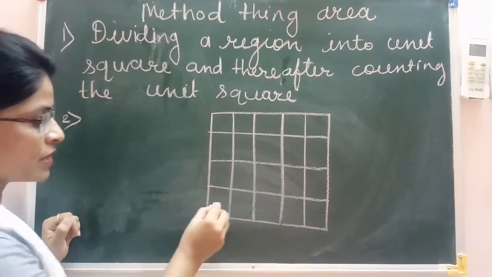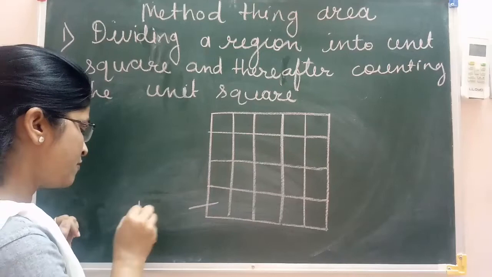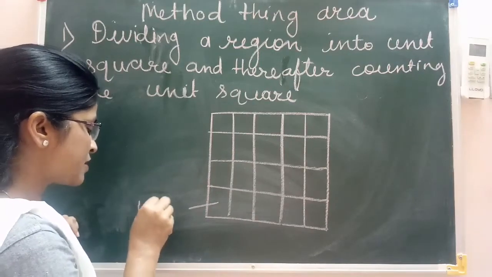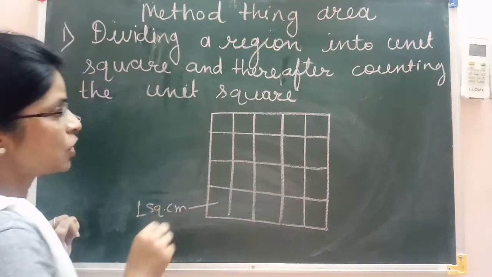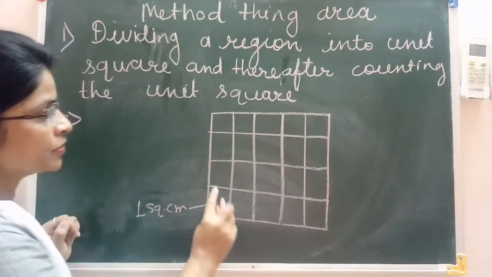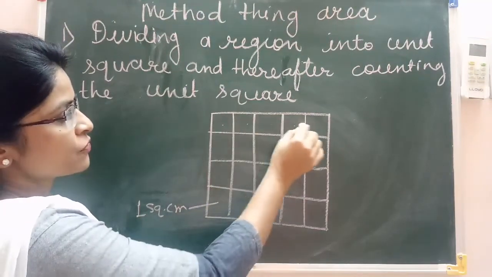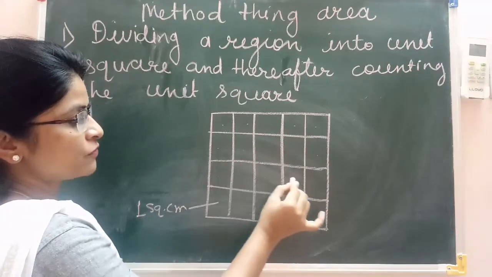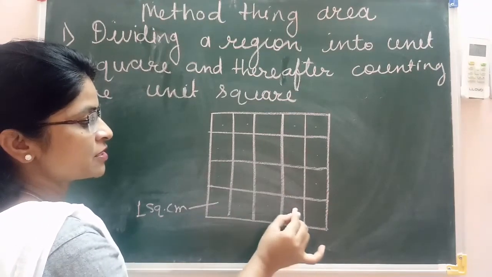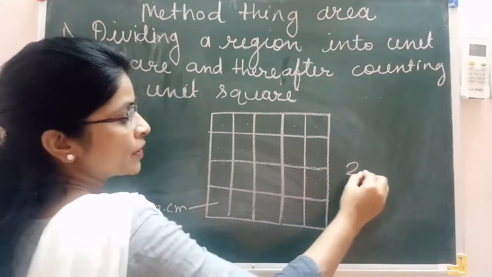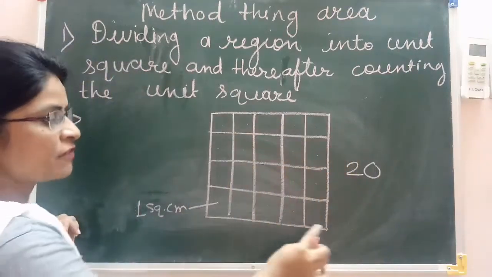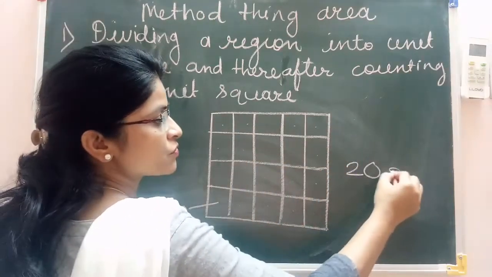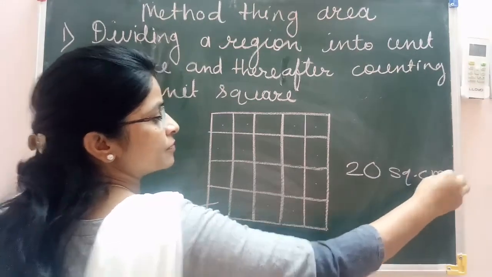Now here one square is 1 square centimeter. Now you have to count all the squares: 1, 2, 3, 4, 5, 6, 7, 8, 9, 10, 11, 12, 13, 14, 15, 16, 17, 18, 19, 20. So the area of this simple figure is 20 square centimeters.